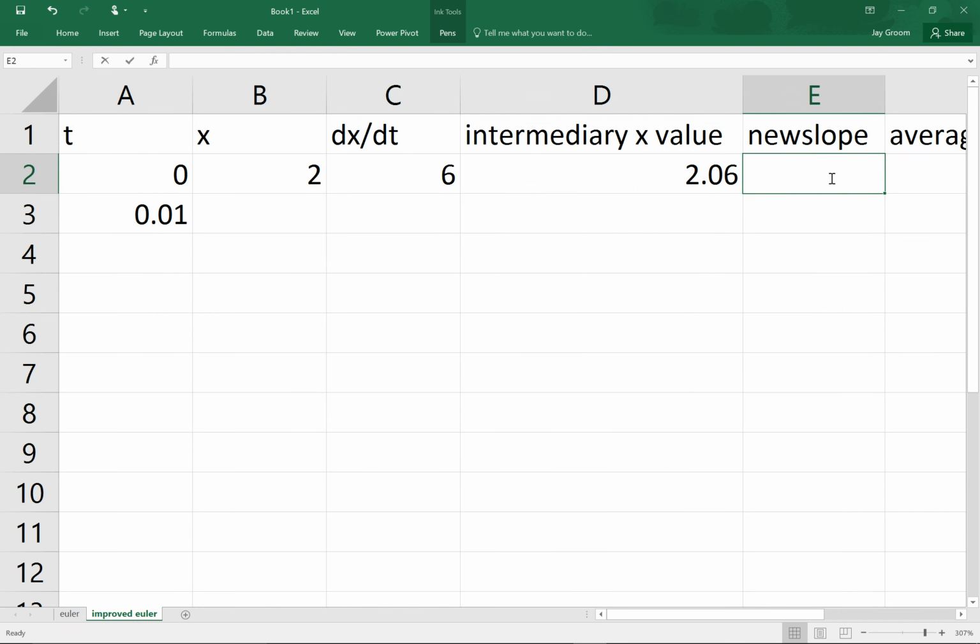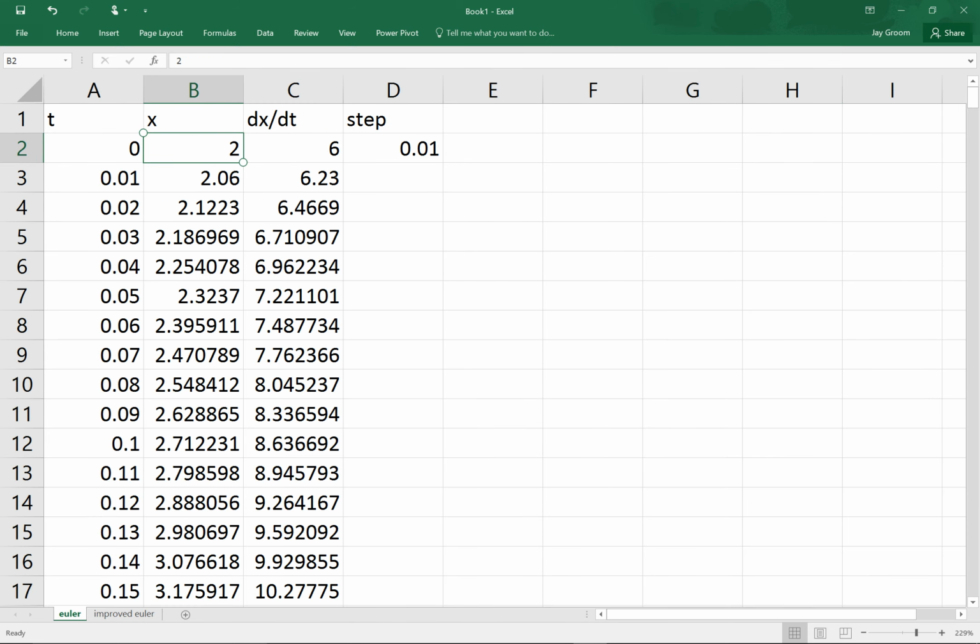So here's my new slope. My new slope is going to equal 3 times x, or no, 3t? Oh gosh darn it, I can't remember what I was doing. Escape. What was it? No, stop. So it's 3x plus 5t.